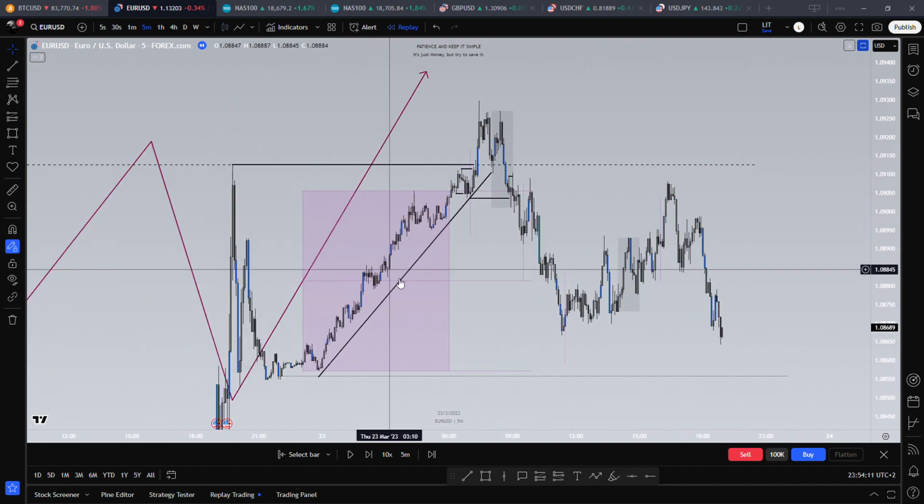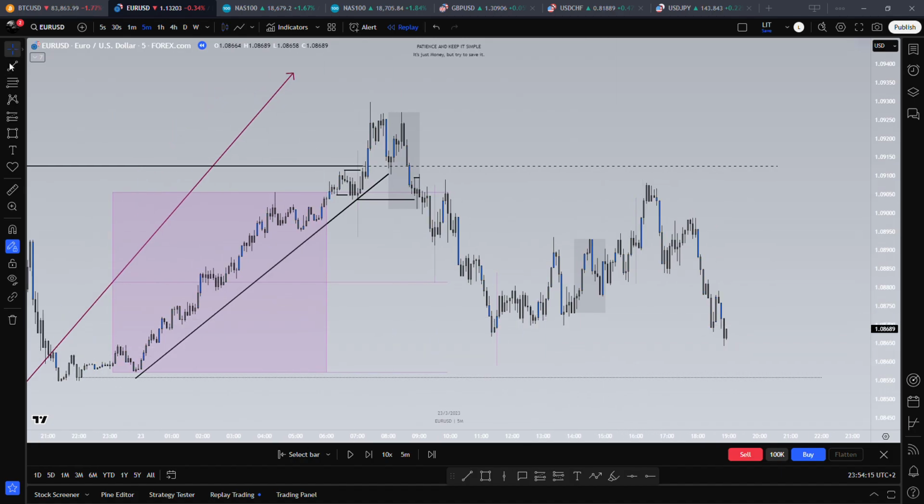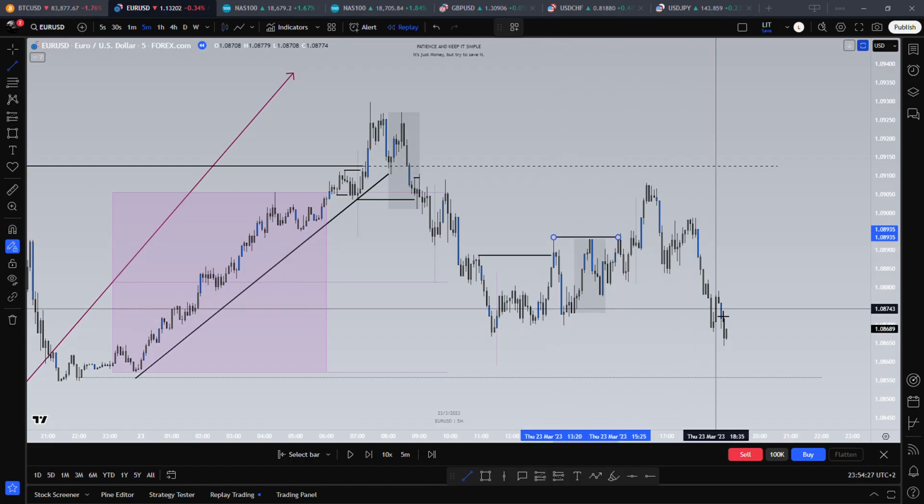and then I am having all this liquidity here. Have this break of structure here, and another break of structure here.